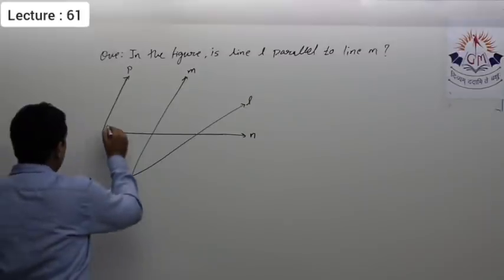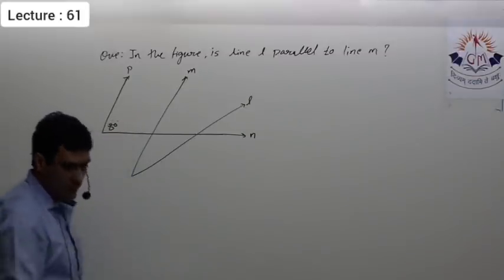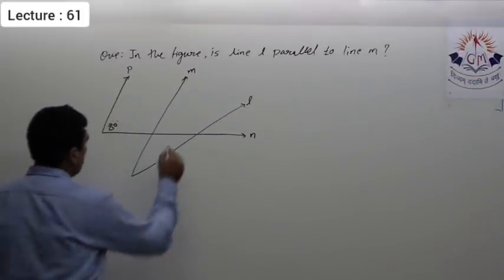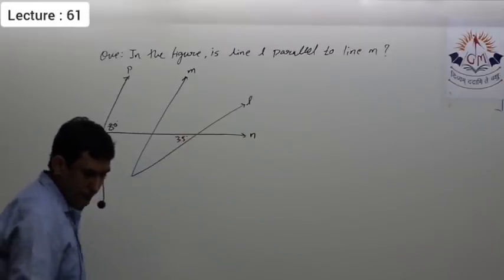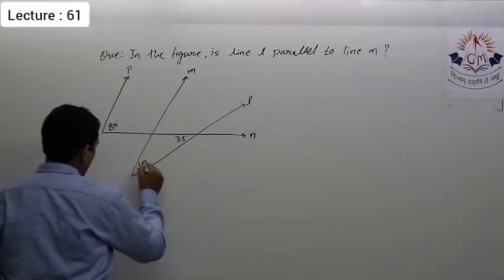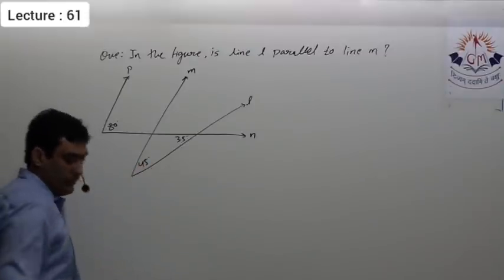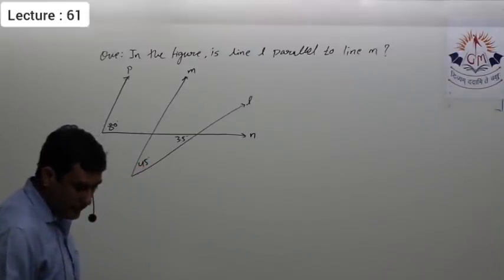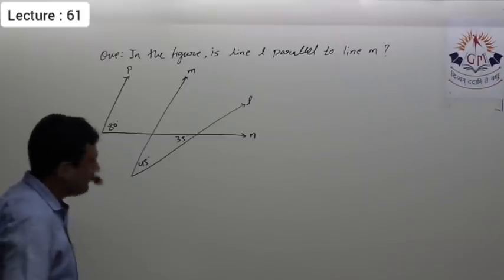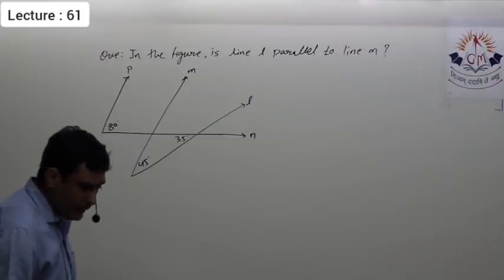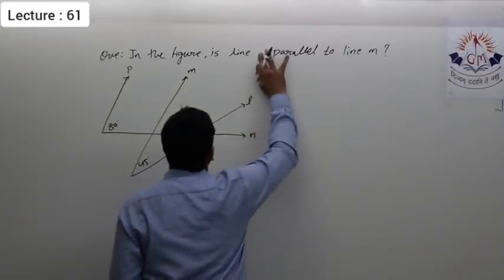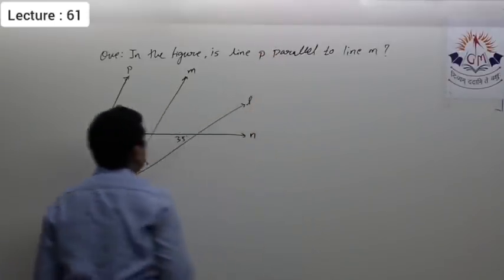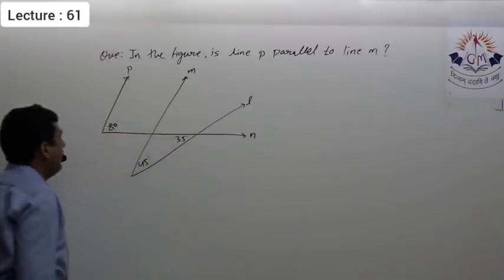This is 80 degrees, this is 45 degrees, this is 45 degrees. So three angles are given and we have to determine whether line P is parallel to line M or not. No, not line L, line P. Whether line P is parallel to line M or not.